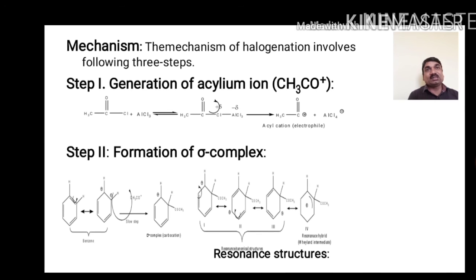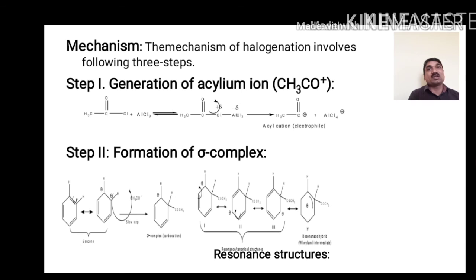So this is a reversible process. Then the second step is formation of sigma complex. It involves the attack of the acyl carbocation on the benzene ring to form the carbocation. Here the electrophile generated attacks the benzene ring to form the sigma complex carbocation.